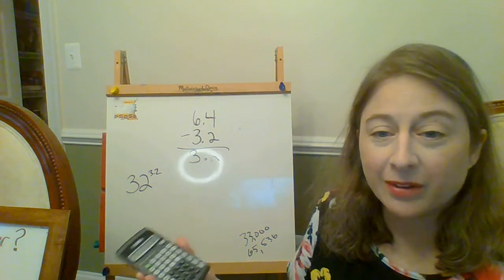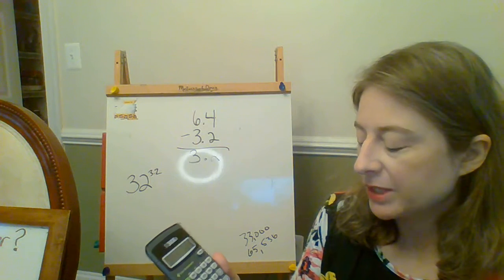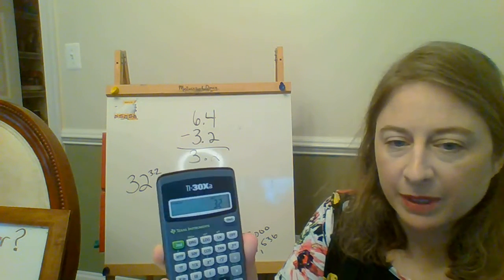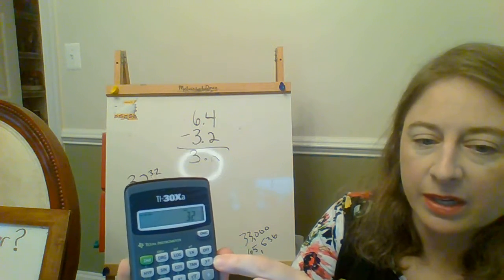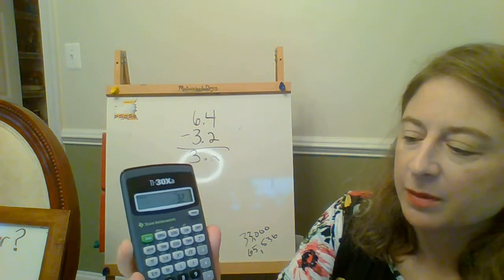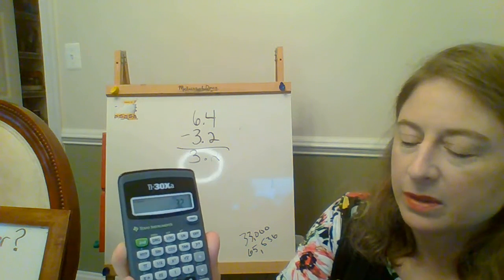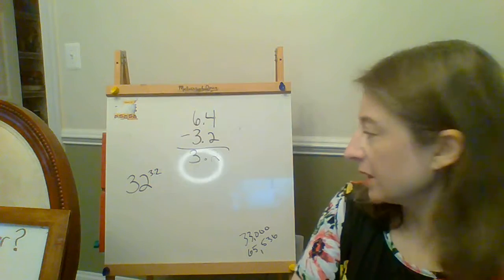If you want to know how to do exponents like that on a calculator, maybe every calculator is different, but I would type in my base of 32, then push this y to the x button, and then type in my exponent of 3.2, and I'll get 65,536.